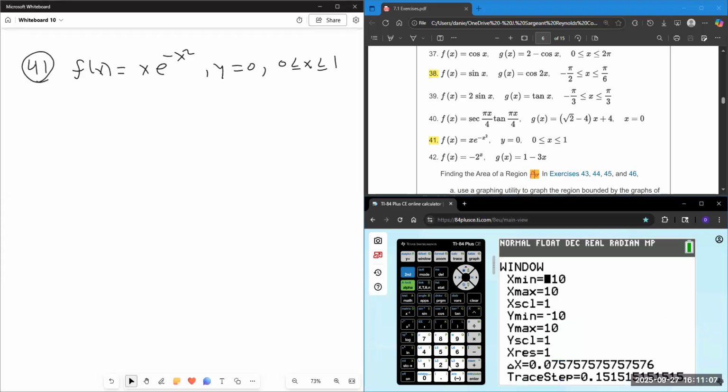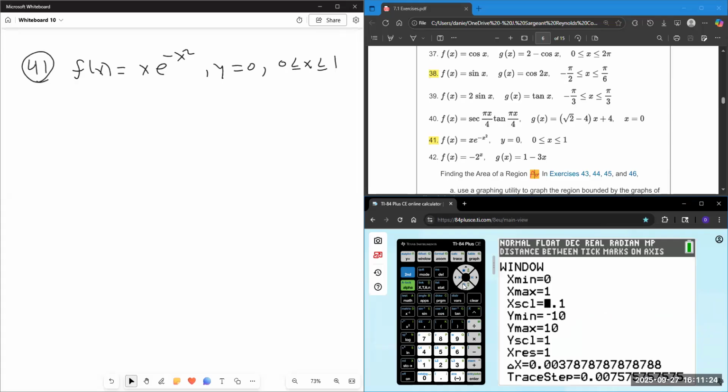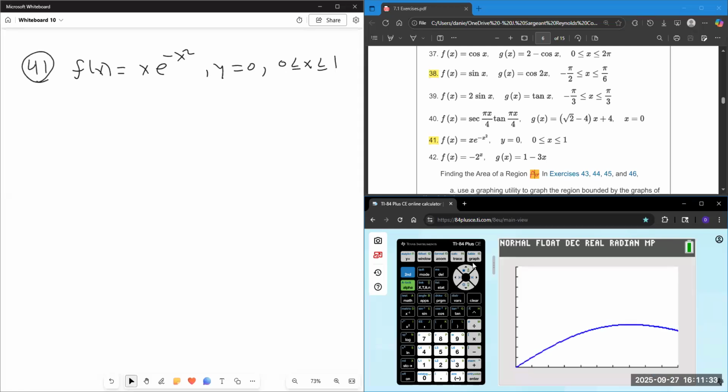So window 0 to 1. Maybe we still give ourselves 10 tick marks. And let's make our window so that we go from 0 to 1 on y by tenths as well. Okay, that looks decent there, right?